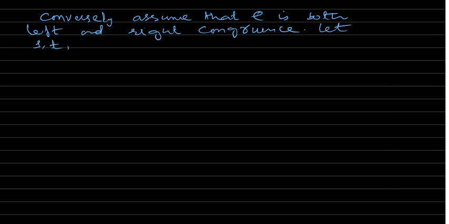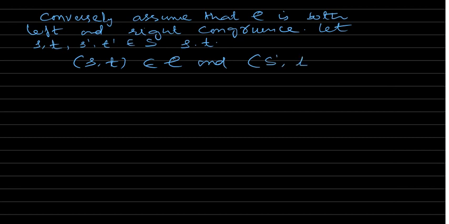For the compatibility, let s, t, s dash, t dash belong to S such that s is rho related to t and s dash is rho related to t dash.